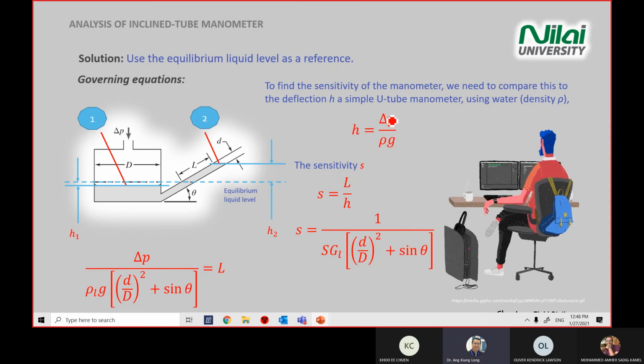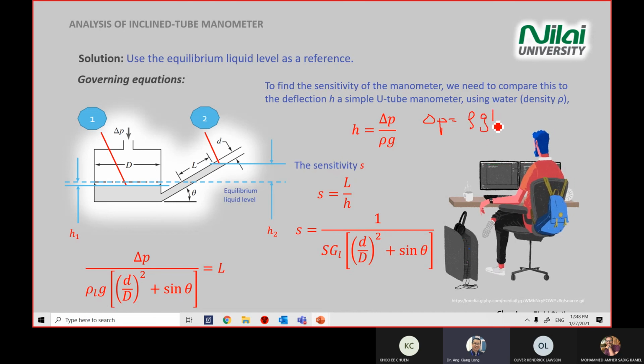Because delta P equals rho g H, you rewrite the equation. The L just now is what you defined: L equals delta P over rho g times the term small d divided by capital D plus sine theta. You just substitute back into this equation.